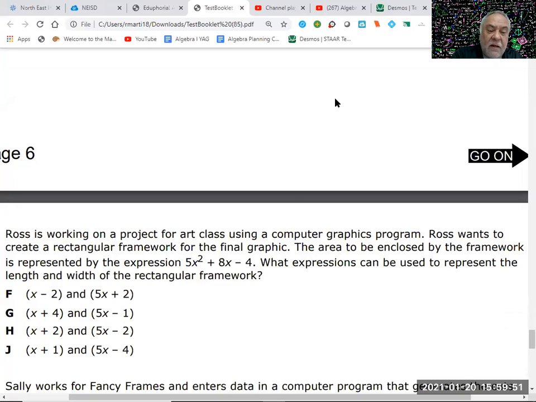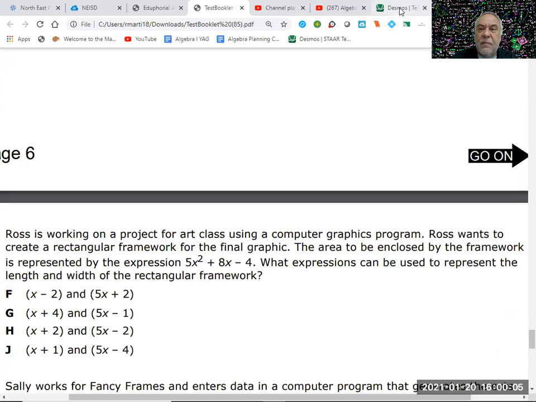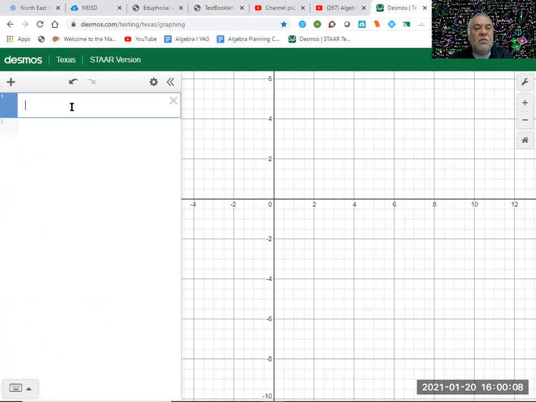You can do this by grouping like I just did, which is, like I said, not an easy process, or you can use the calculator, which I'm about to show you. So 5x squared plus 8x minus 4.